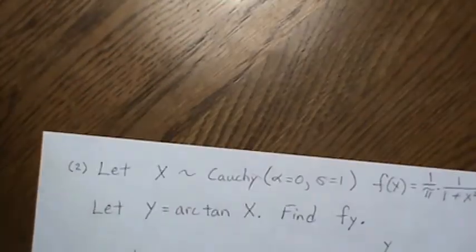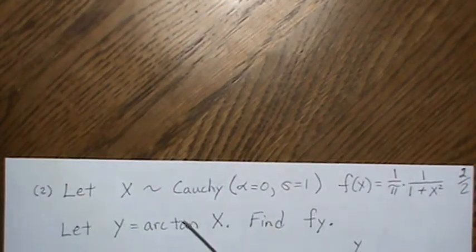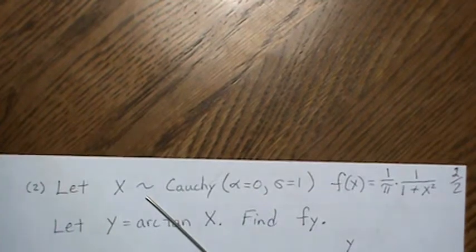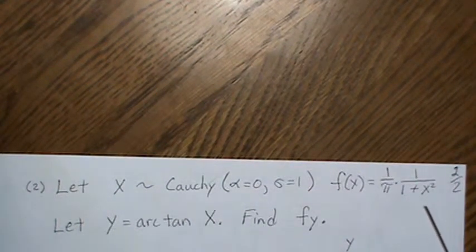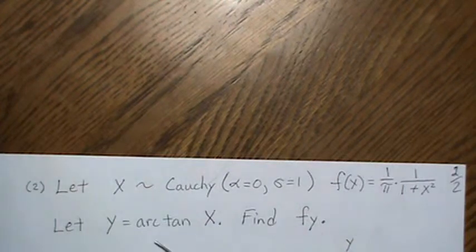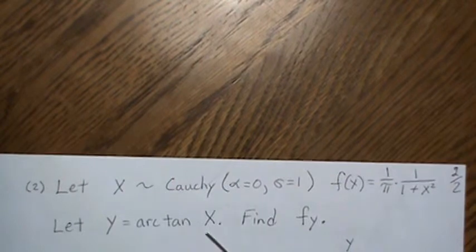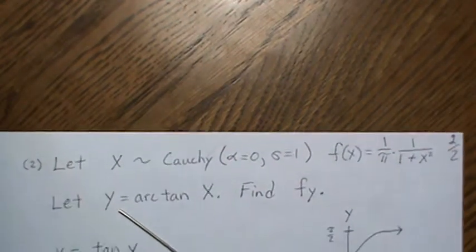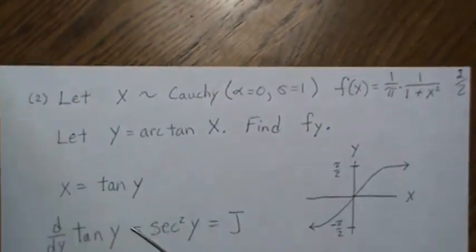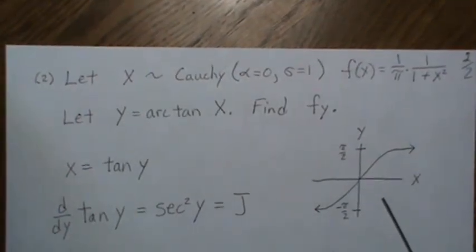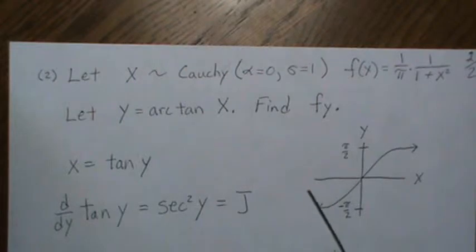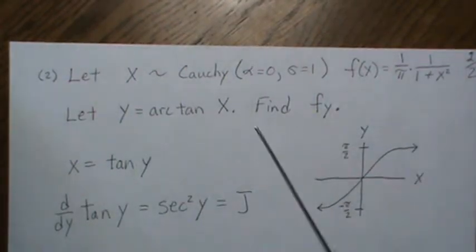So now one final example. We're going to start with a Cauchy distribution. X is a Cauchy, and the density is this, 1 over pi times 1 over 1 plus X squared. And we're going to look at the transformation Y equals arctangent of X. And now we want to find the density of Y. And so if we were to plot this, now X ranges over the real number line because it's a Cauchy.